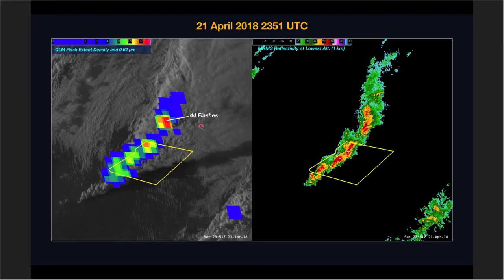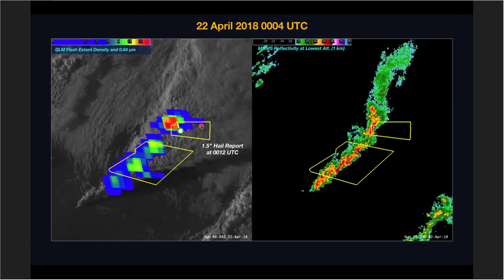That's 2351, and then the next frame I'm going to show you is when the severe was issued, which was about 15 minutes later, actually probably 13 or so. But you can see, one of the great things about this total lightning data, and especially the GLM in the time that I've looked at it, is these signals are here, and they're quite easy to pull out.